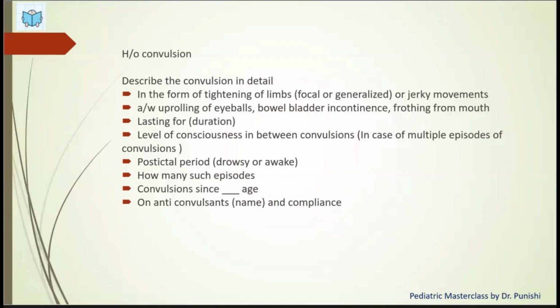Why this is important is because it will give you an idea of whether you're dealing with just multiple episodes or status epilepticus. In status epilepticus, the child will have multiple convulsions and does not regain consciousness in between two episodes. So that's a way to differentiate status epilepticus versus just multiple episodes of convulsions.